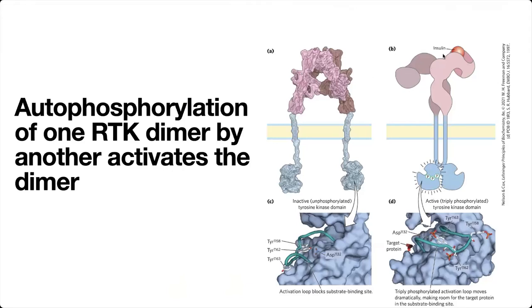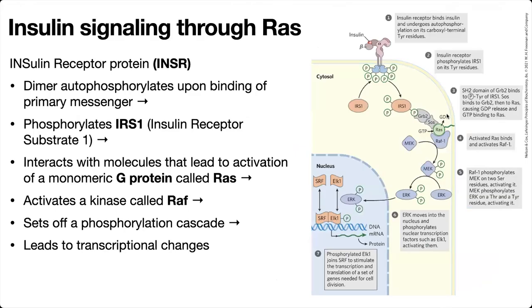When it binds to the ligand, in this case insulin, that causes the different monomers to change conformations and phosphorylate each other. So this is like autophosphorylation, it's cross-autophosphorylation. These different monomers are phosphorylating each other, and that's going to be activating them. So the key thing is just that you know that insulin is going to activate the insulin receptor and cause the kinase activity to be active.